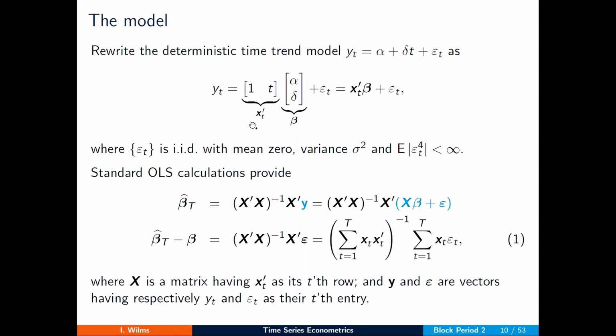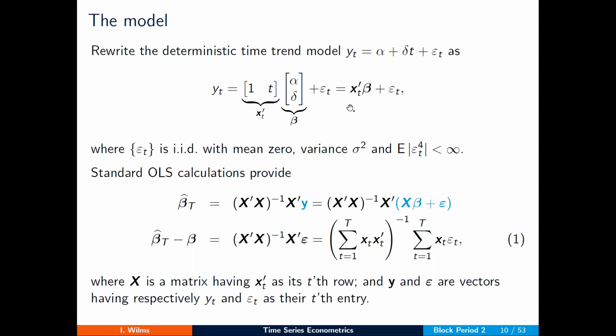Now I collect all regressors, so the constant and the time trend, in one vector x_t. The parameter vector includes alpha and delta, where I call the parameter vector beta. Then I can compactly write down the model like this.